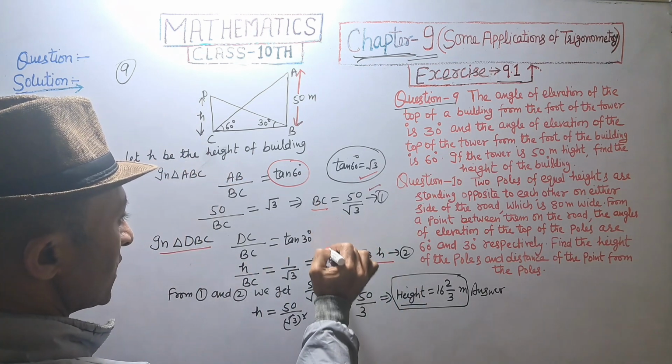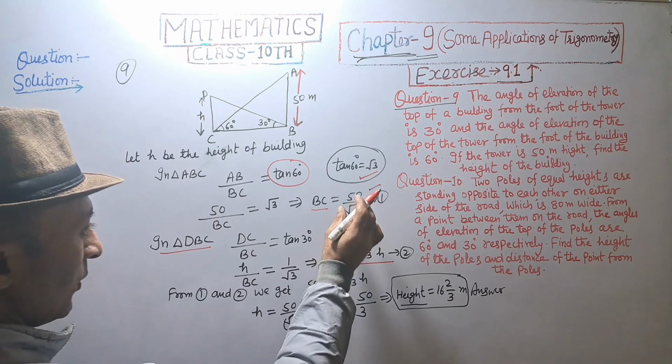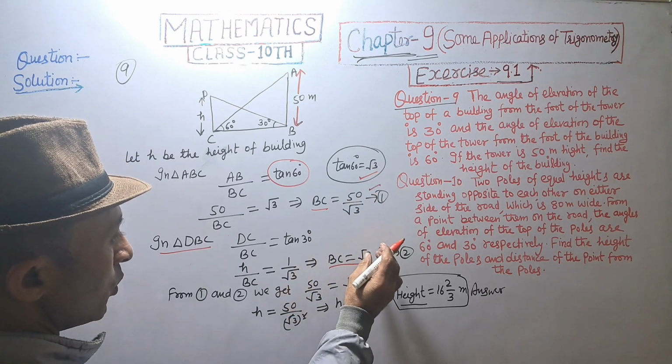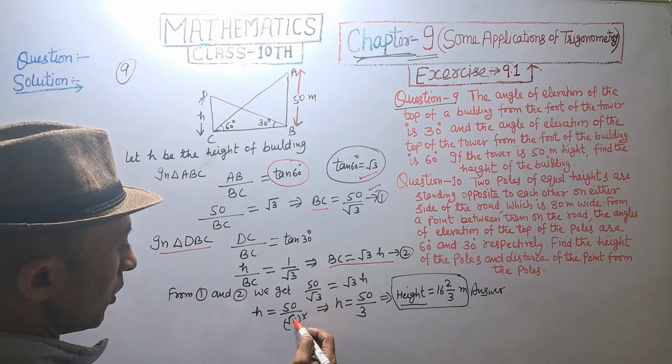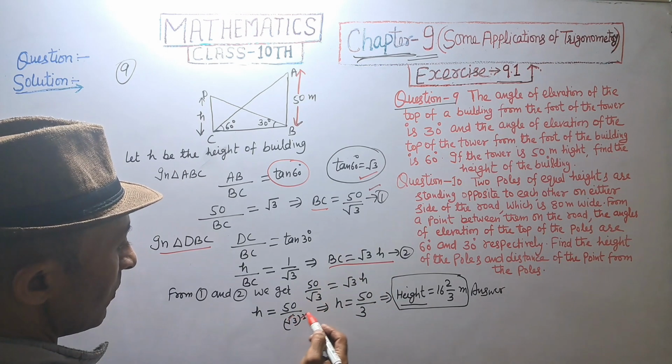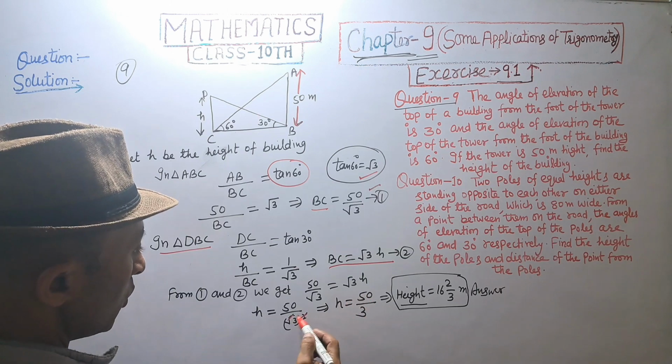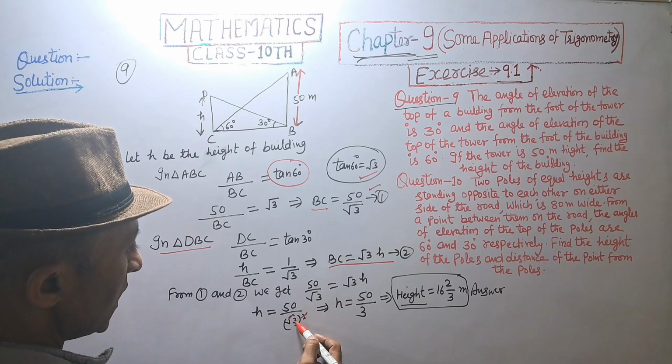From equations first and second, 50 upon root 3 is equal to root 3 H, and H is equal to 50 upon root 3 square. This is cancelled, and we get 3.